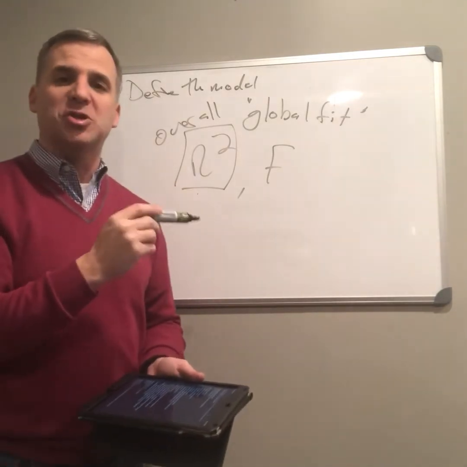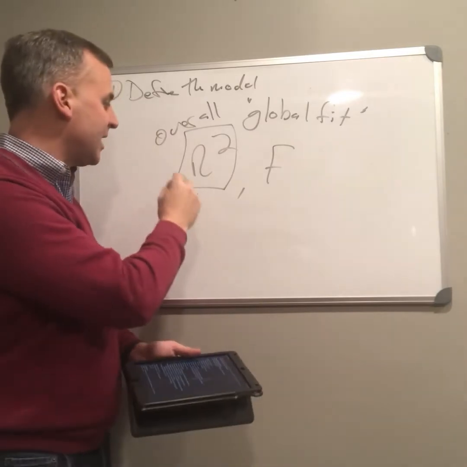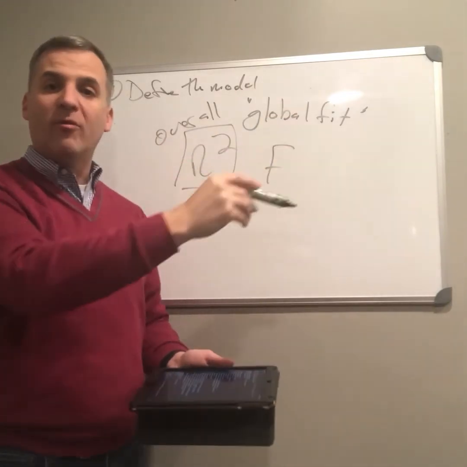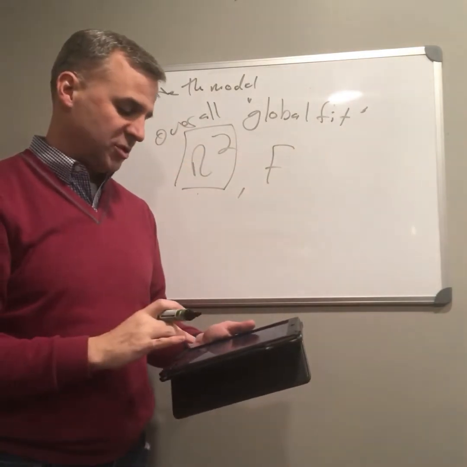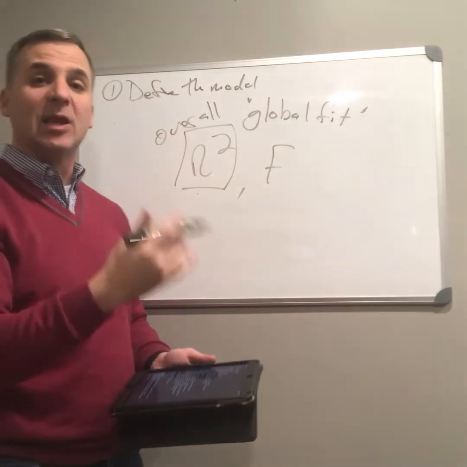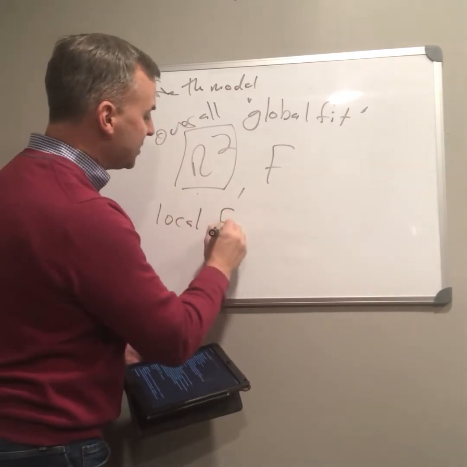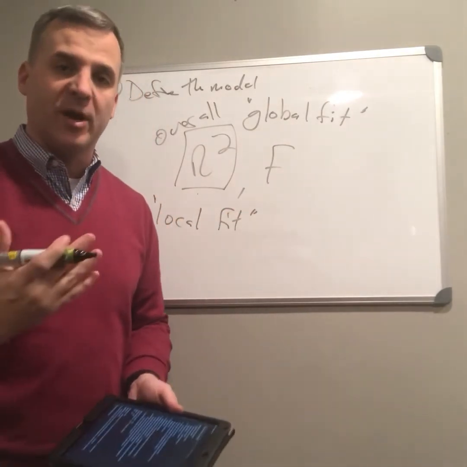For our whole regression model, how well does the variance in our predictor variables explain our outcome variable, right? And so that's our R squared. And then the next thing that you would do is estimate local fit, right? Local fit refers to the specific predictions that go along with each parameter, with each variable.